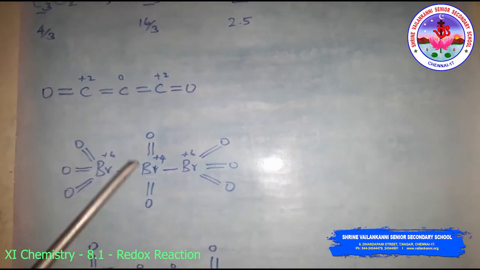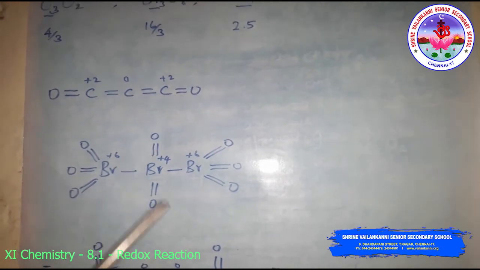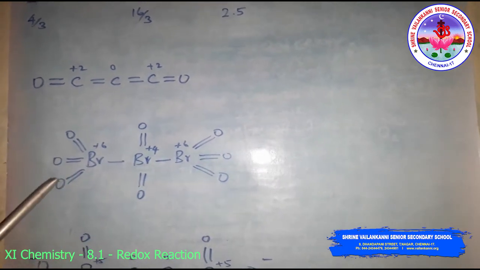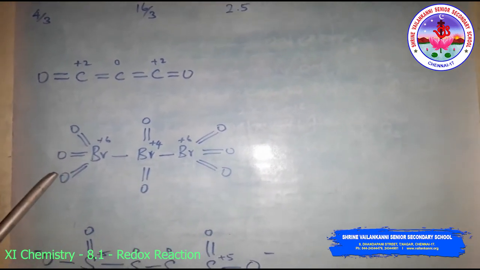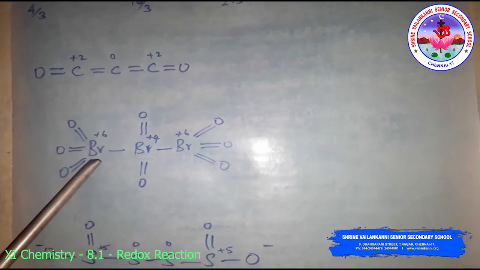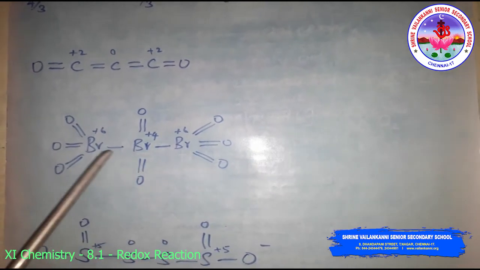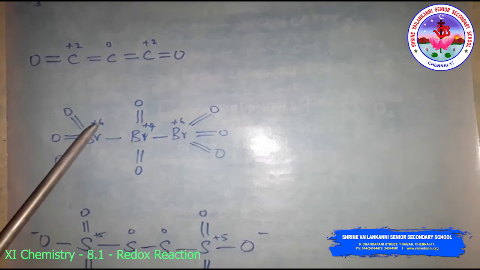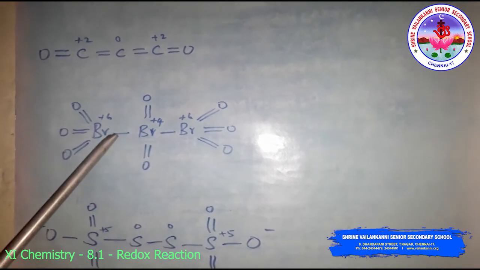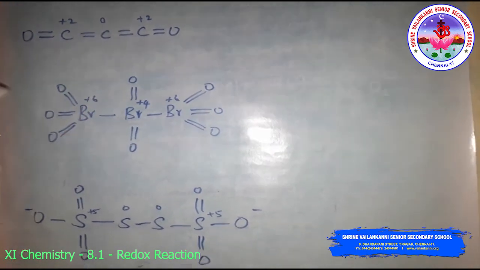In this, the bromine is connected with 2 oxygen, so minus 2 and minus 2, minus 4, it will become plus 4. And here same, minus 6 and plus 6 for bromine. Now count all these bromine atoms: 6, 10, 16. So totally bromine has 16 oxidation number, so 16 divided by 3, the average oxidation state of the element bromine is 16/3.